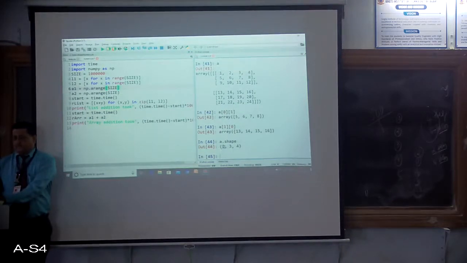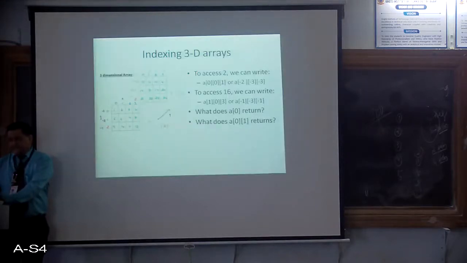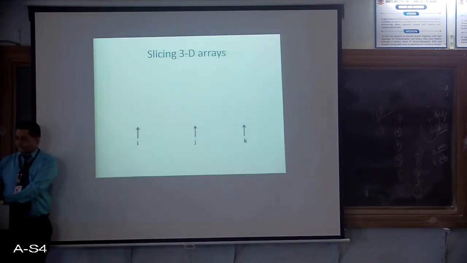So the outermost index ranges from 0 to 1, inner index ranges from 0 to 2, and innermost index ranges from 0 to 3. If you understand that, then it becomes easier for us to access the elements using index on a three-dimensional array.